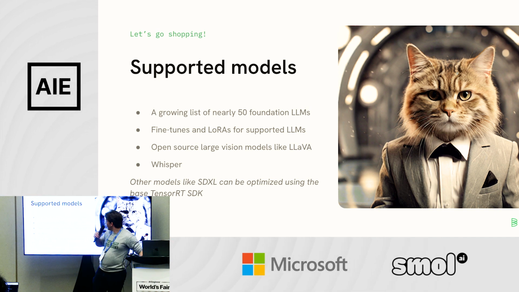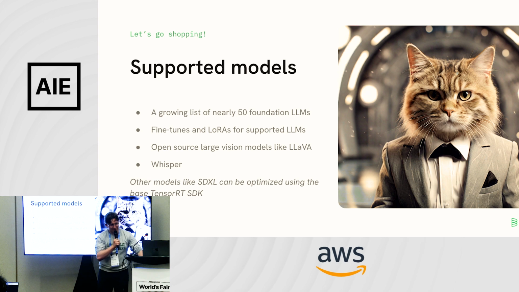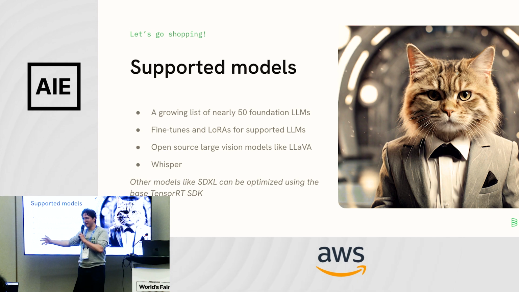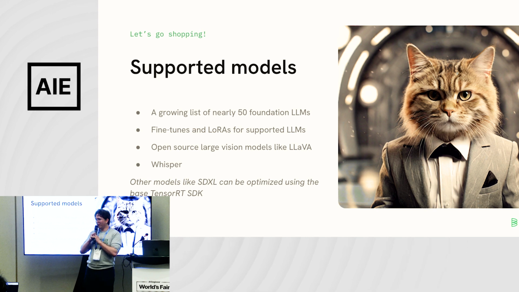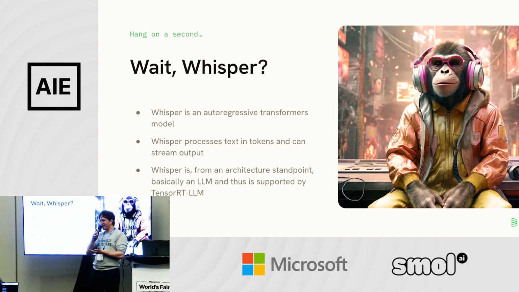On this list of supported models, there's one that maybe stands out. Does anyone know what model doesn't belong? What up here isn't an LLM? Whisper, exactly. Why is Whisper on here?